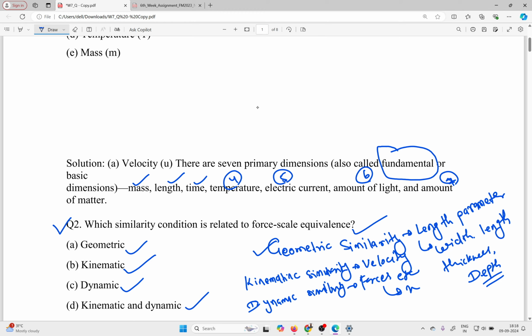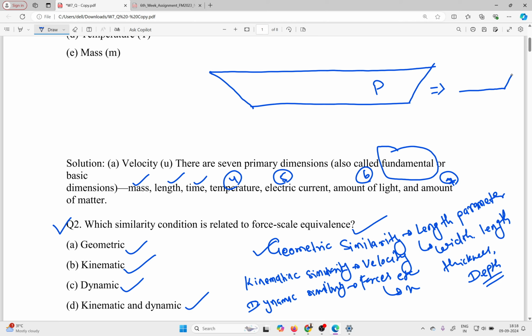Suppose you want to make a ship, this is a prototype, that is the bigger one. When you model it very small as per your laboratory condition, this is the model. So you will maintain the length, width and everything, how much water is flowing.